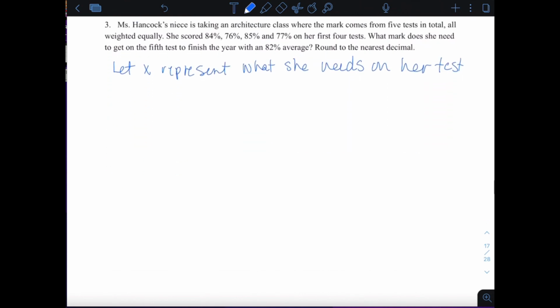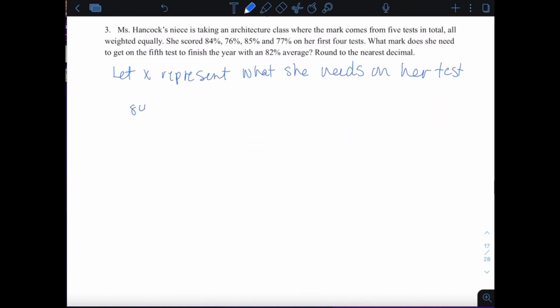And to take the average, we're just going to add them all up plus X. So that's the mark on her last test. And including her last test that she hasn't written yet, that includes 5 tests. So I want my total number divided by 5 to be 82.